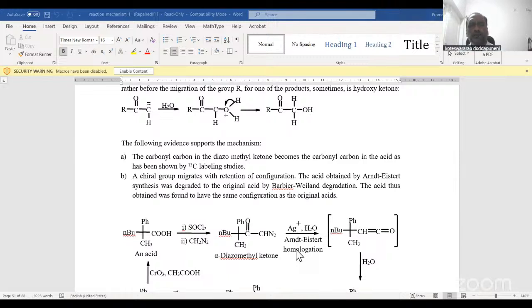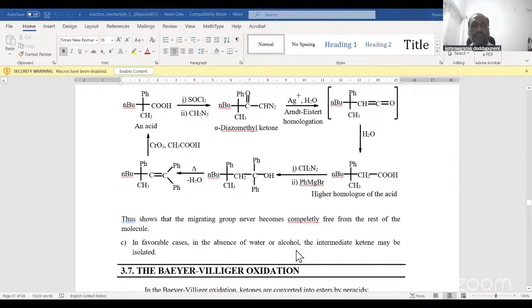A chiral group migrates with retention of configuration. The acid obtained by the Arndt-Eistert synthesis was degraded to the original acid by the Barbier-Wieland degradation. The acid thus obtained was found to have the same configuration as the original acid. This is the Barbier-Wieland degradation. Look here, in this case the acid is oxidized.